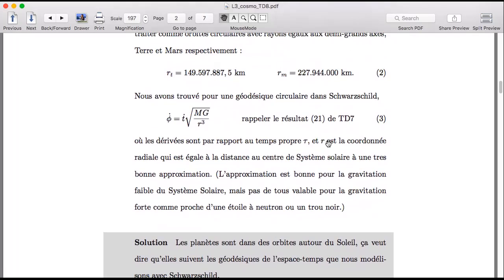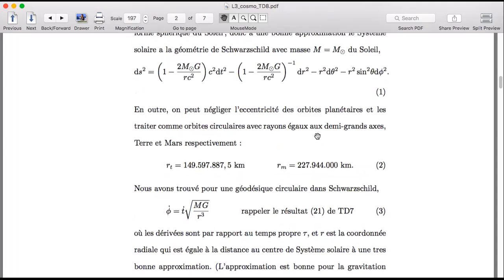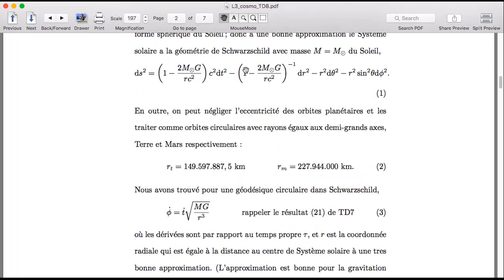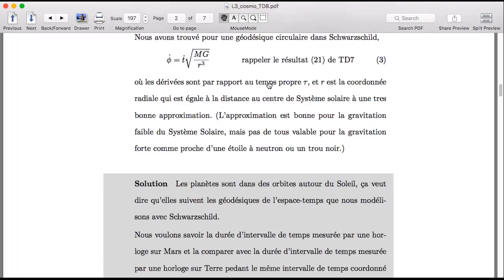Because to get a physical distance, you have to integrate this ds, and because of these metric terms, in particular this one here, dr on its own is not an interval of distance. It's really dr times the square root of this metric term that would give you the physical distance.